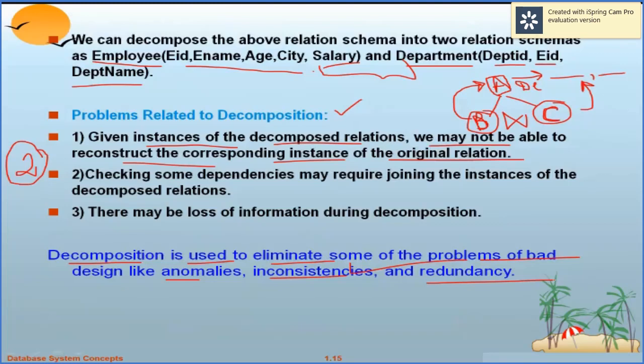On the other hand, if you go for decomposition, we just discussed that there might be loss in certain functional dependencies, and also a loss in certain attributes when they are rejoined. So which one should we look into, the problems, or should we go with decomposition because of the advantages? See, the advantages of decomposition are higher compared to the problems.